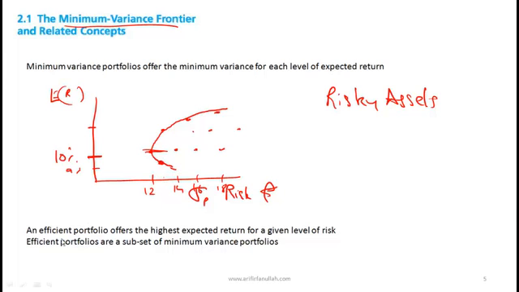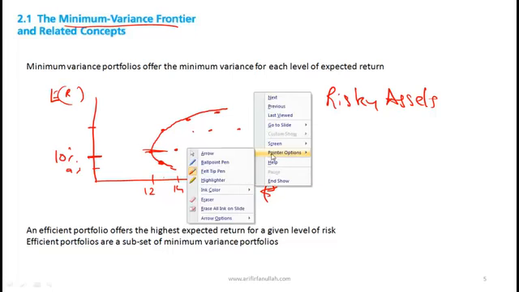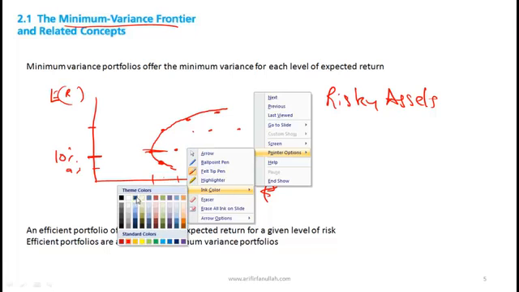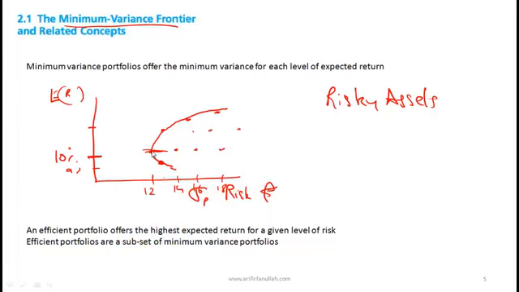An efficient portfolio offers the highest expected return for a given level of risk. So in blue, I am just going to put on the efficient frontier. So this part is the efficient frontier. What's the difference between the efficient frontier and the minimum variance frontier?